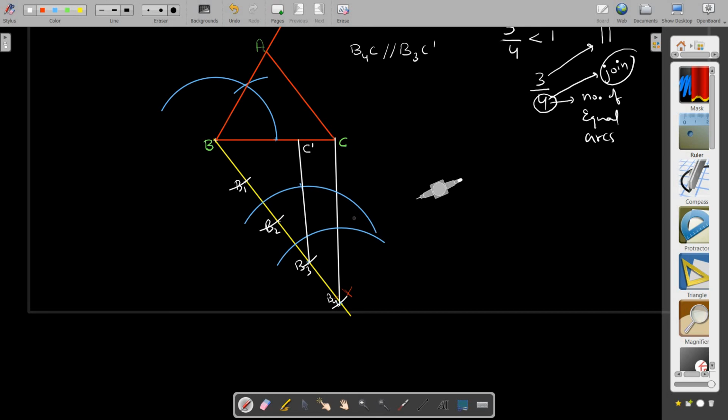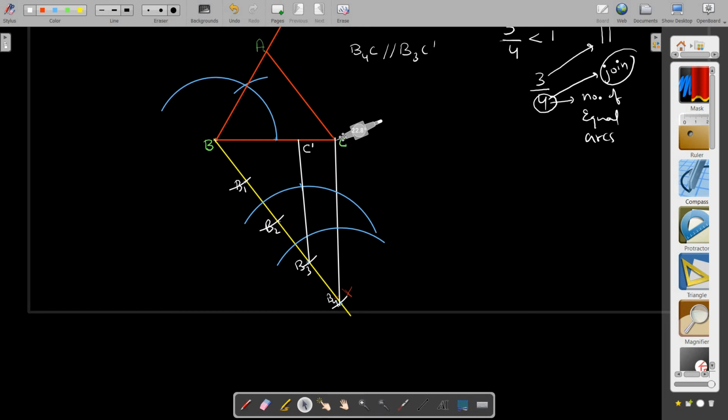So if corresponding angles are equal, then lines are parallel. So we have to be very cautious about the accuracy of construction of the corresponding angles. They should be equal. Now at C prime, we have to construct angle BCA.